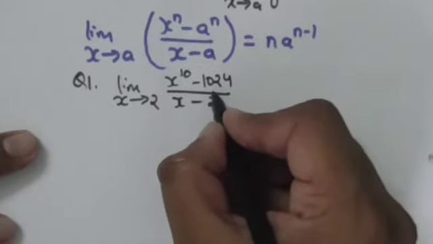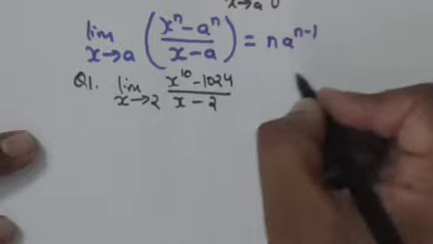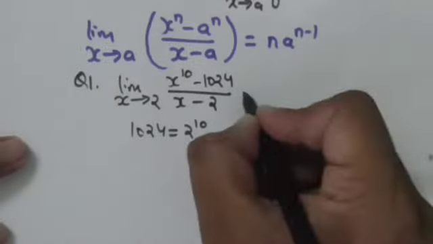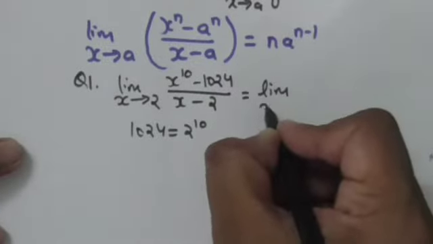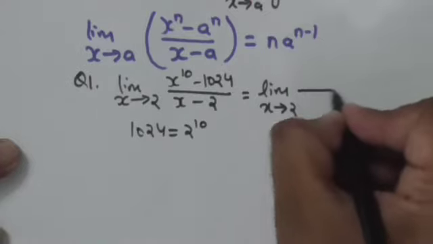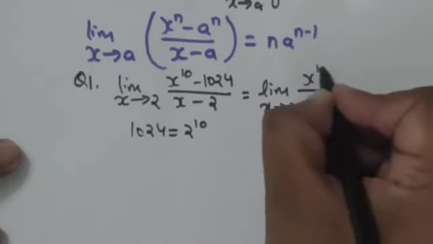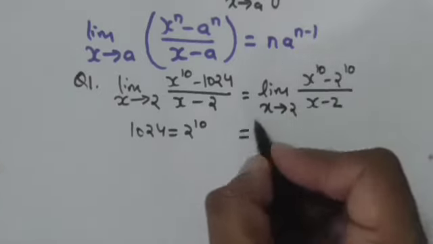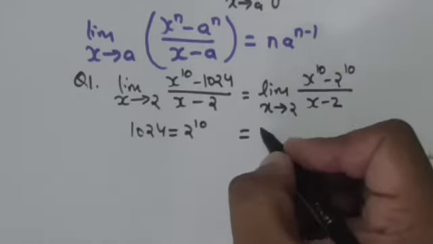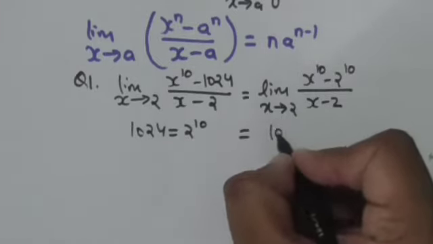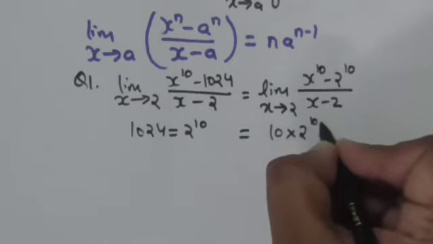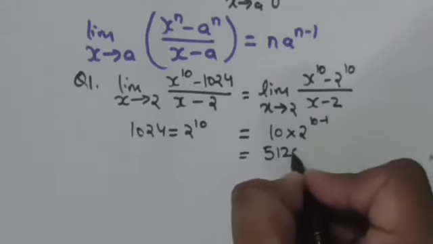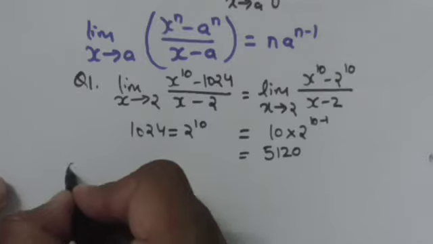Now see, what is 1024? 1024 is equal to 2 raised to power 10. So we can write it like this: limit x tends to 2, x raised to power 10 minus 2 raised to power 10 upon x minus 2. So according to this theorem, this will be equal to 10 into 2 raised to power 10 minus 1, and it is equal to 5120.